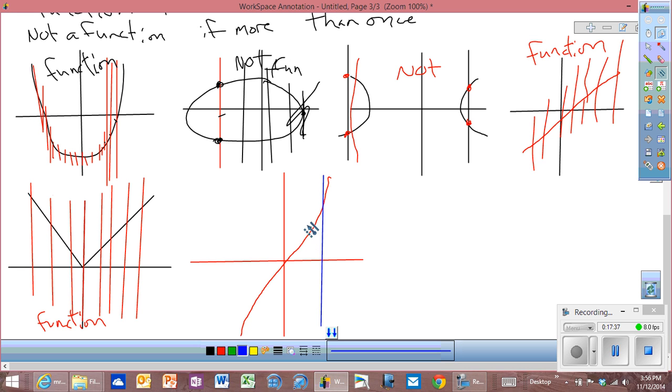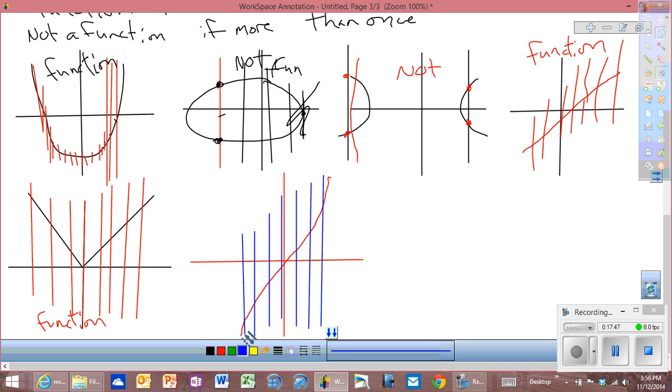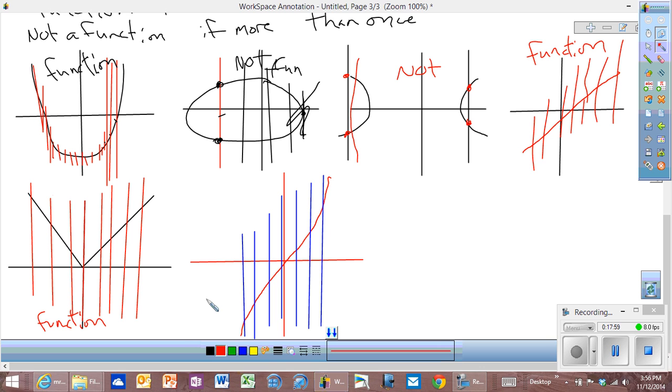Did that one cross more than once? No. That one? No. That one? Even though it gets really steep and it looks like it might eventually cross more than once, except for my bad drawings, this one's really not going to. It's going to go left and right forever, and it's going to go up and down forever. So this one also is a function.